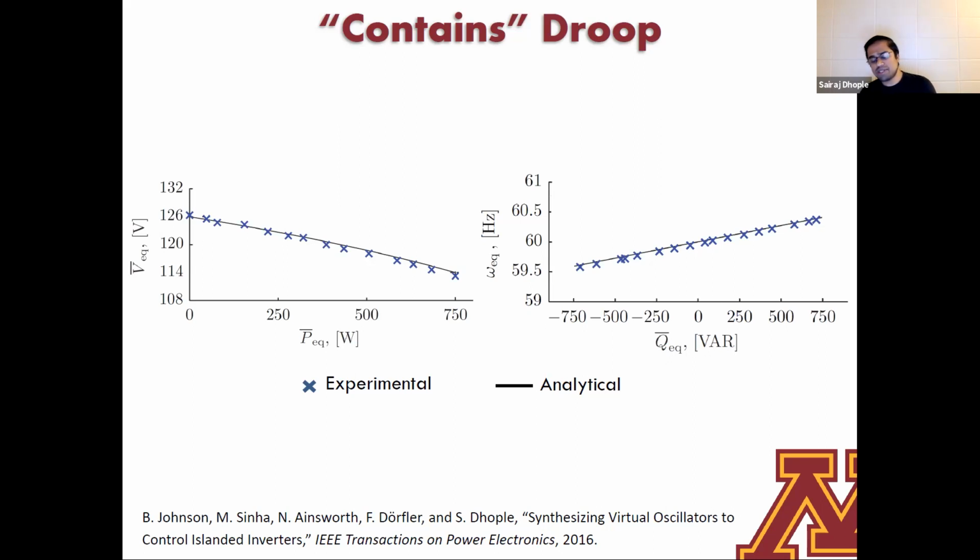And you can see that even though there's a lot of nonlinear dynamics that I'm relying on in order to generate my PWM waveforms and close the loop and do all of that closed loop control, in steady state, I still get close to linear. Okay, so this is not exactly linear, but it's close to linear trade-offs between voltage and real power, frequency and reactive power. And I can interchange those through some clever manipulations in the controls as well. But the fact is that in sinusoidal steady state, I can characterize its behavior, and it does boil down to something that is droop-like. And that's great.